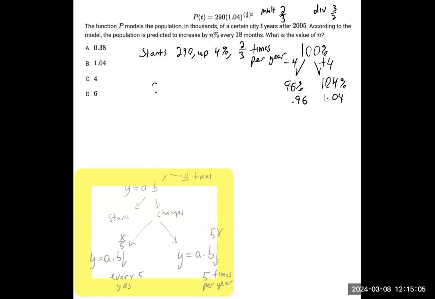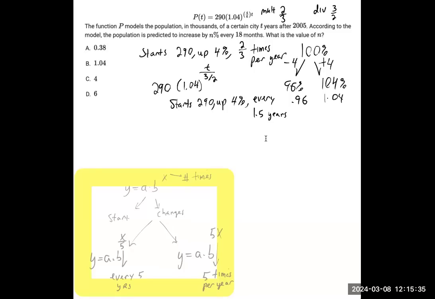So we can also see this as 290 times 1.04 to the t over 3/2. So seeing it that way, we still have it starting at 290. We still have it going up 4%, but we have that happening every year and a half because 3/2 is the same as 1.5.